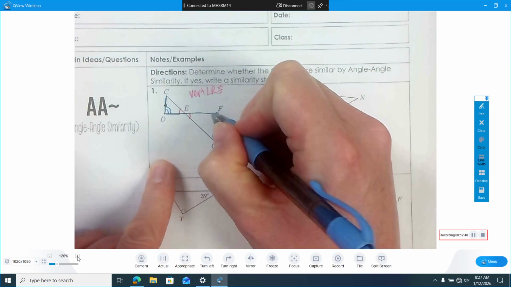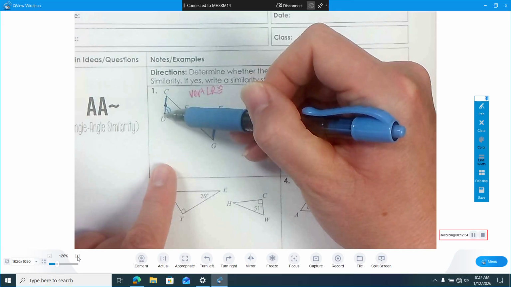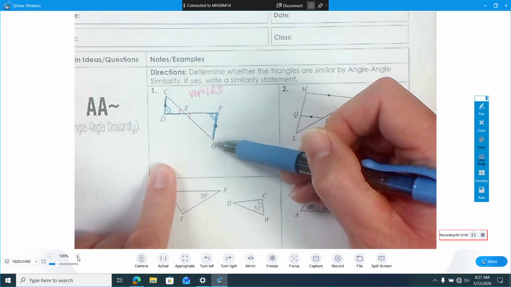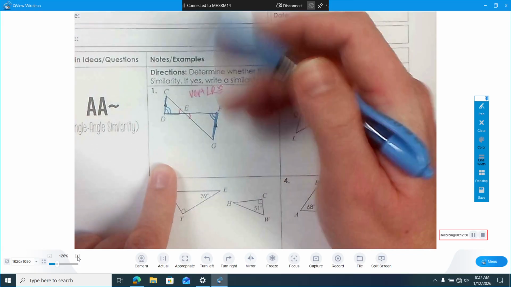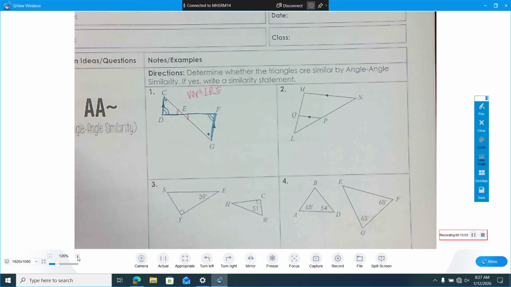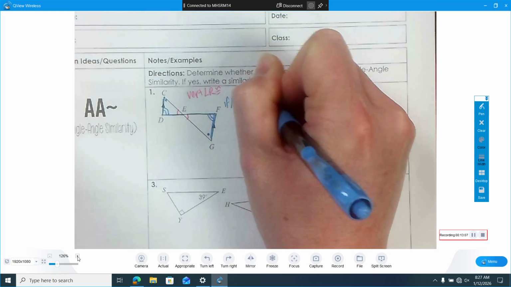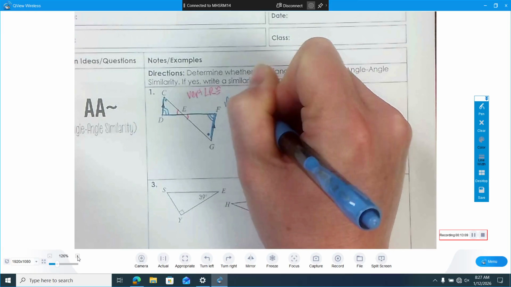So here we have angle D is congruent to angle F. But I could also go the other way. I could go up, and then I've got a transversal, and then hit my parallel line again. So really, the third angles are also congruent by parallel lines. So if parallel, alternate interior angles are congruent.